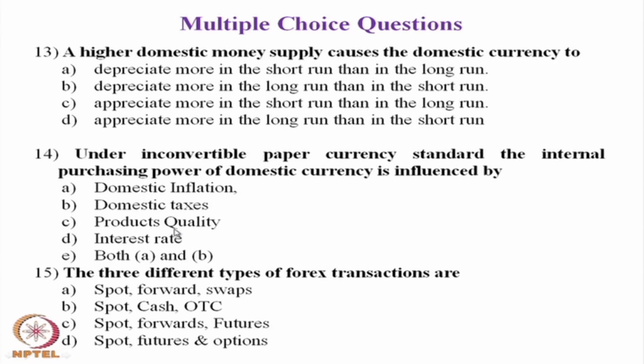Question number 14 is, under inconvertible paper currency standard, the purchasing power parity of the domestic currency is influenced by domestic inflation, domestic taxes, product quality, interest rate, or both A and B. It will be because under inconvertible paper currency standard, internal purchasing power is influenced by inflation and by taxes.